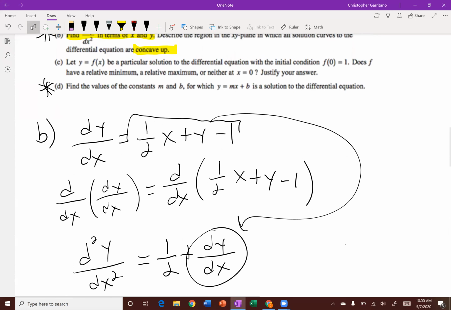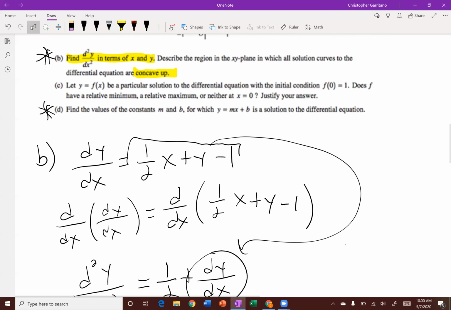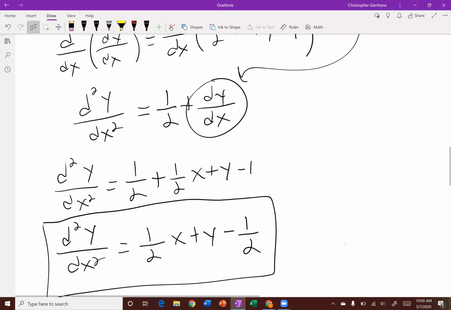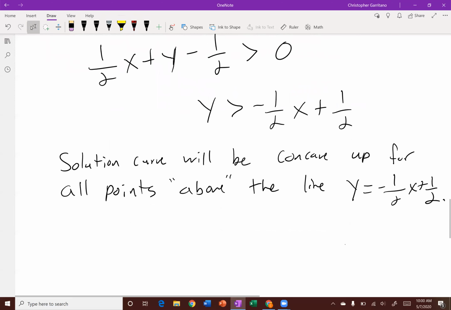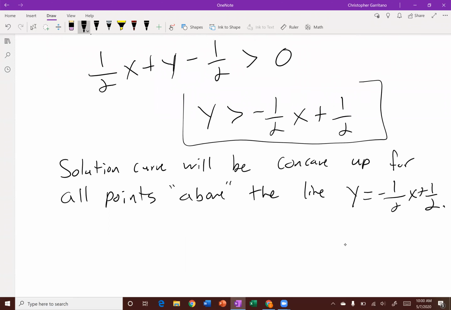Again, the question says for you to describe the region in the xy plane in which all solution curves to the differential equation are concave up. Well, what we've done is we basically found an inequality that tells us, whenever there's a y value that's greater than negative 1/2 x plus 1/2, then the second derivative will be positive, and therefore the solution curve will be concave up.